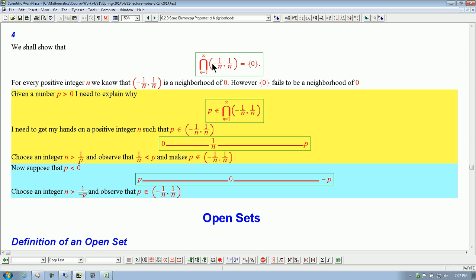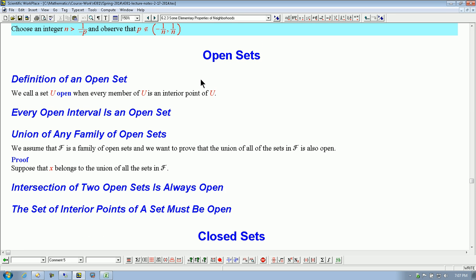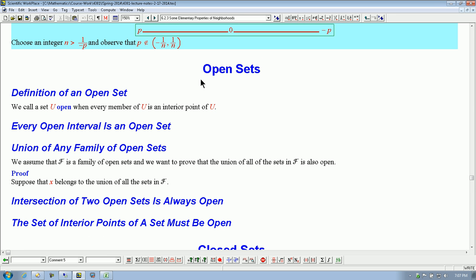And therefore, there is a danger that the intersection of a bunch of neighborhoods of a given number might sometimes fail to be a neighborhood. But that's when there are infinitely many. If an intersection of infinitely many neighborhoods, will it always fail? Not always. I'm saying there's a danger that it may.